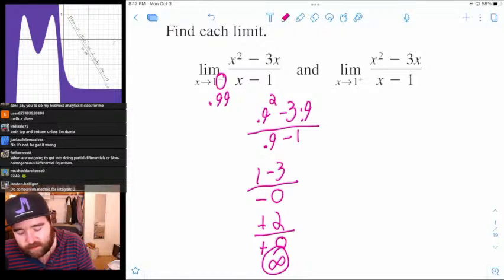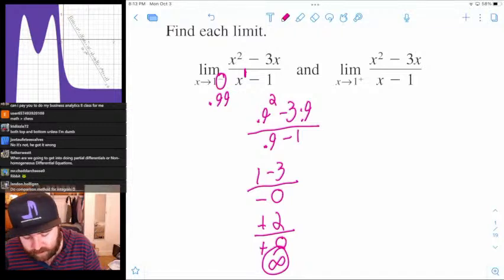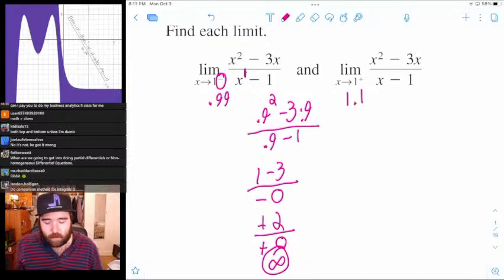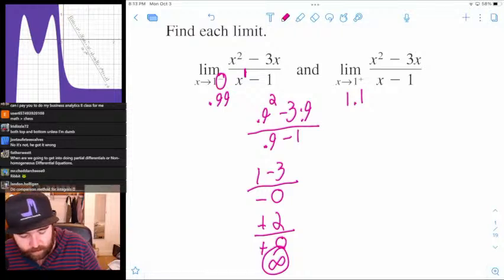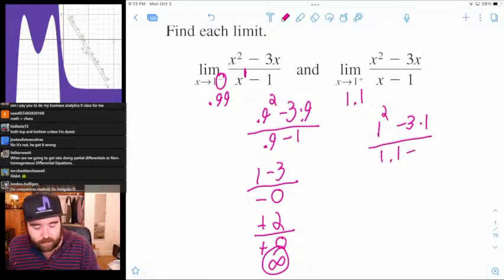And then, since this is a single root asymptote, just x to the first, we expect this to be opposite on the other one. But let's plug in and see. Here we plug in a number just bigger than 1, so basically 1, but a little bit bigger. We get the same thing on the top: basically 1 squared minus 3 times basically 1, over basically 1 minus 1.